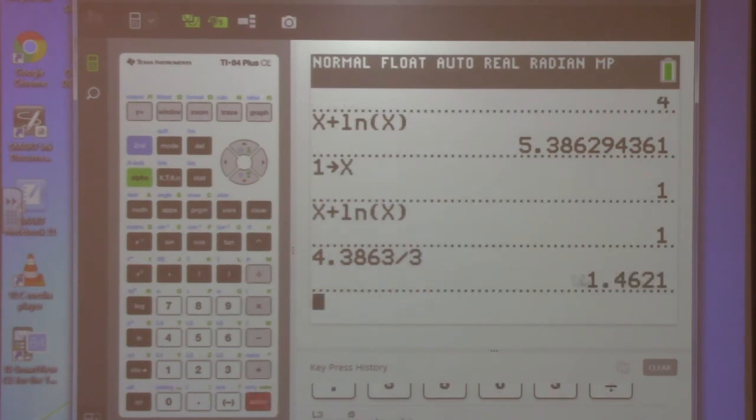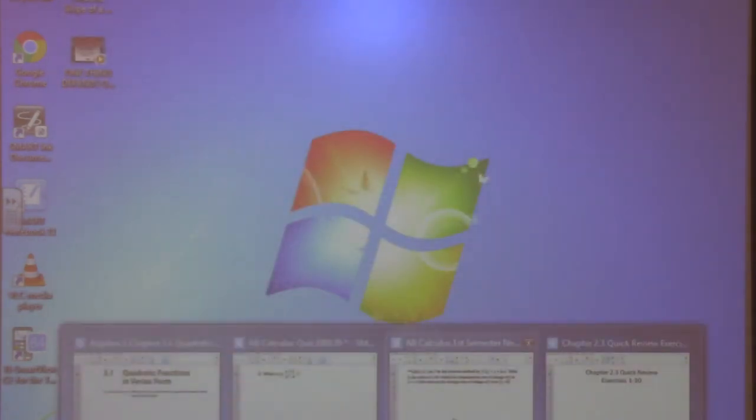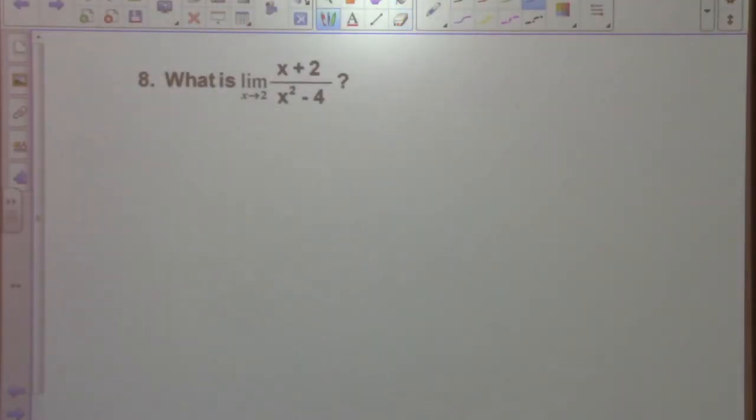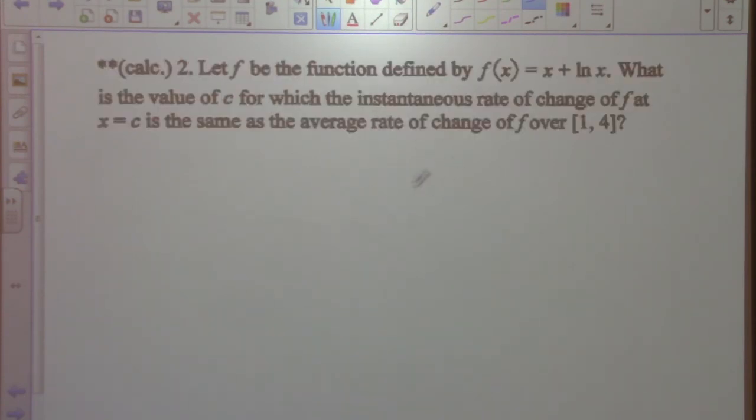So here is your average rate of change. Is that what you got? Yeah. And what I recommend doing when you're doing these problems, make sure you're out to at least 4 decimal places if you can be. It's 1.4621.